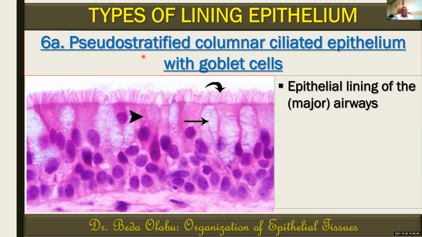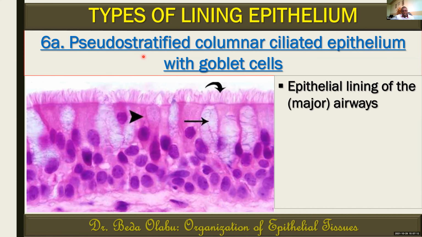This epithelium is unique to the lining of the major airways. So nasal cavity, some parts of the pharynx like nasopharynx, the larynx, the trachea, and the bronchi.